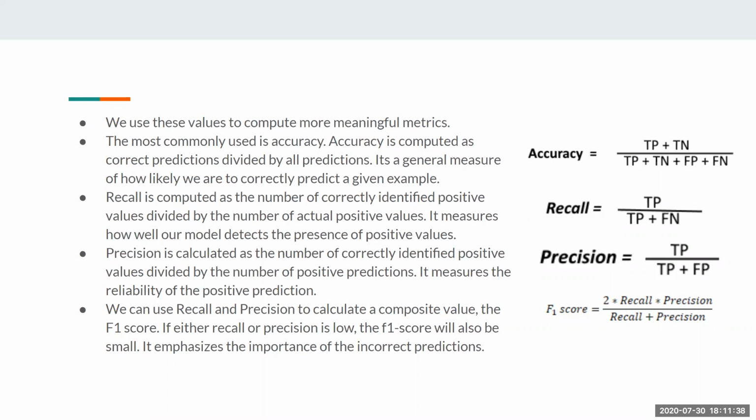The good thing about that is that it emphasizes the importance of incorrect predictions, whereas accuracy emphasizes the importance of correct predictions. So depending on the cost of correct or incorrect predictions, we may want to emphasize one over the other in our analysis, which is what we're going to focus on in this talk.